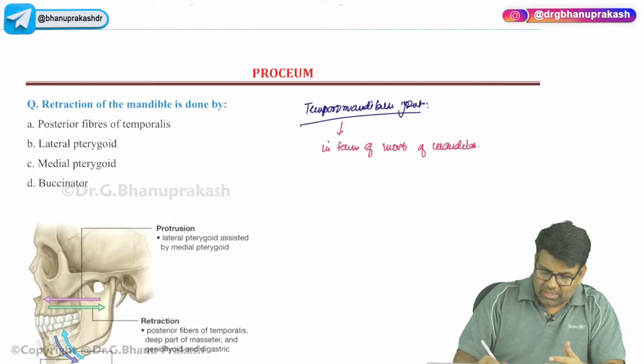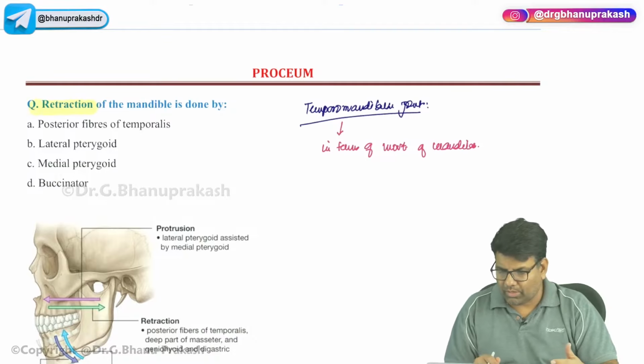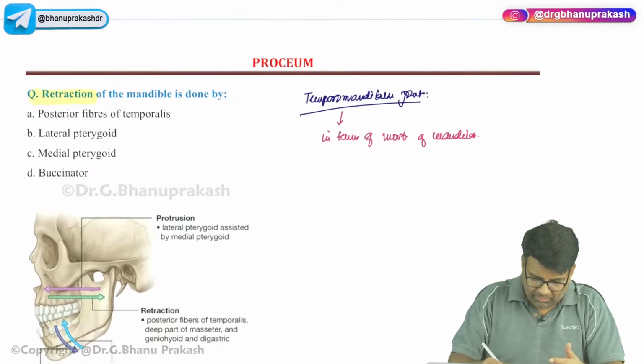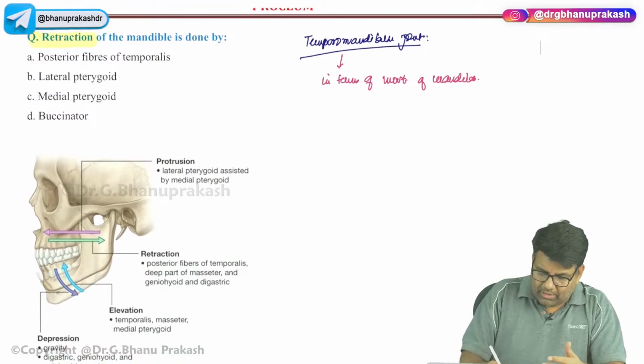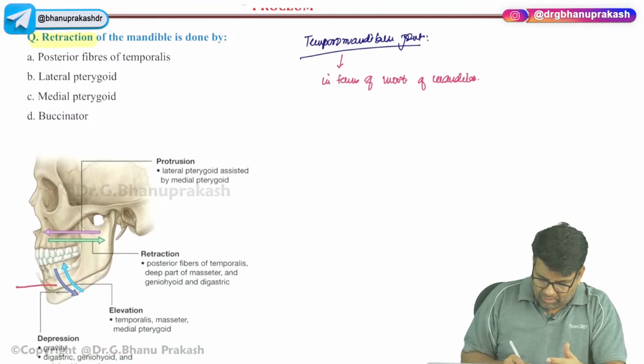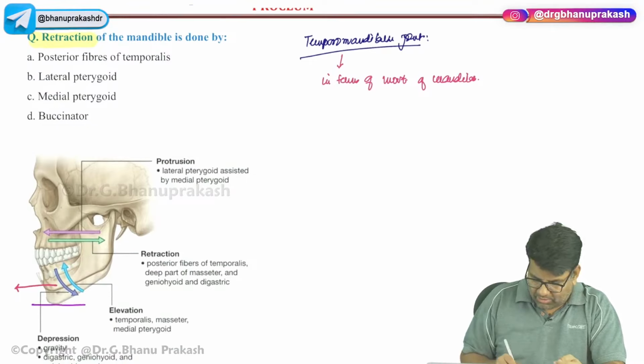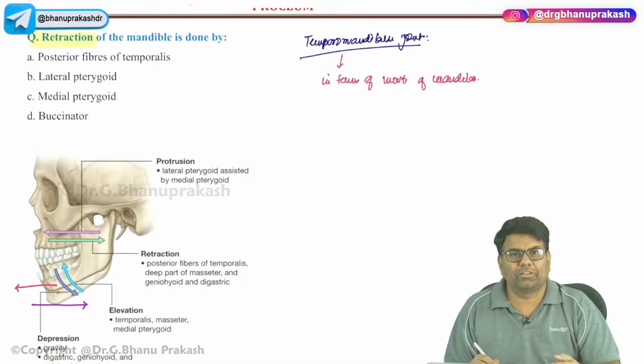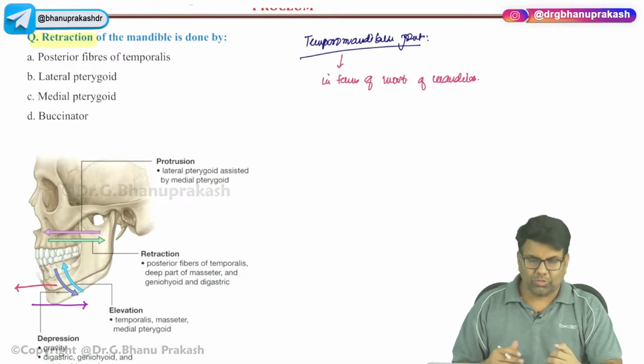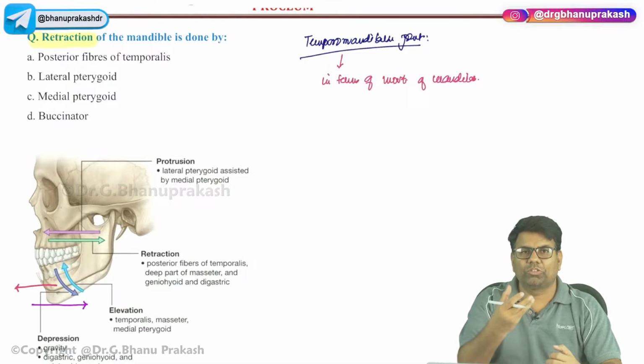Now the word is retraction. What does the word retraction mean? Suppose I am taking the mandible forward, this is known as protraction, right? And if I am taking it back to the usual position, that is known as retraction. So protraction means forward protrusion, retraction means back to the position.